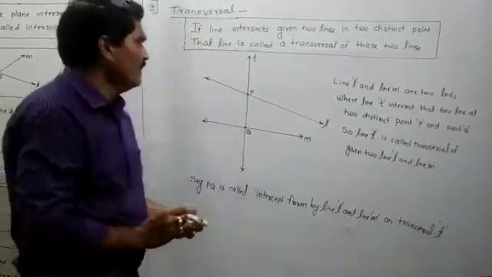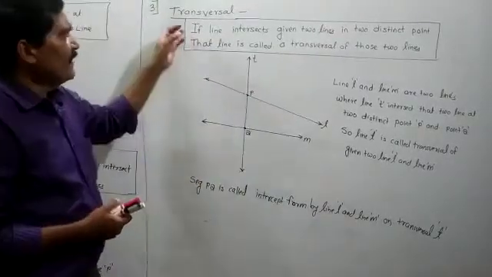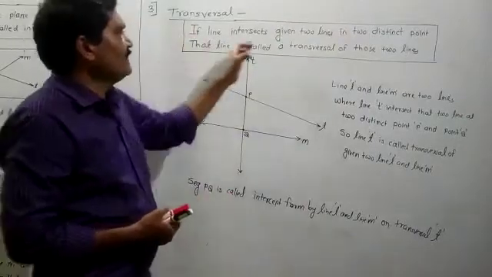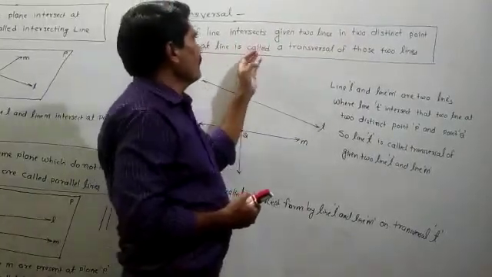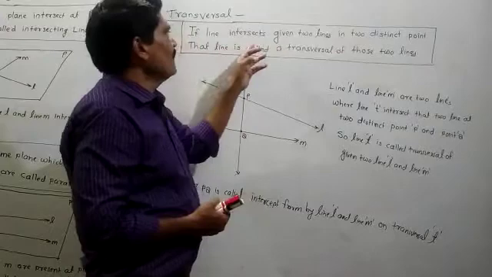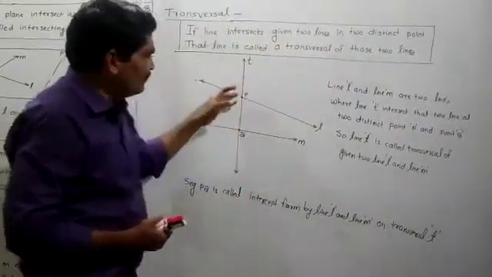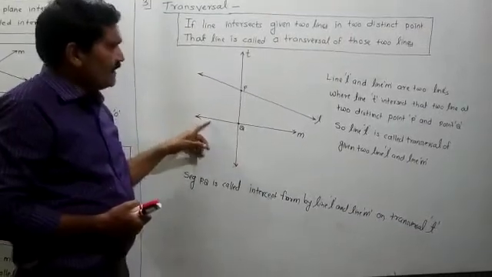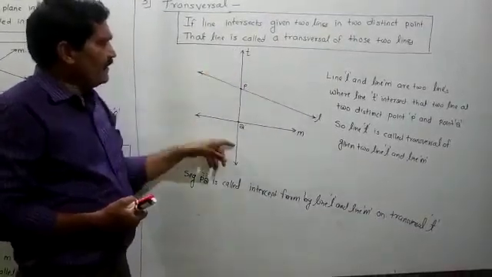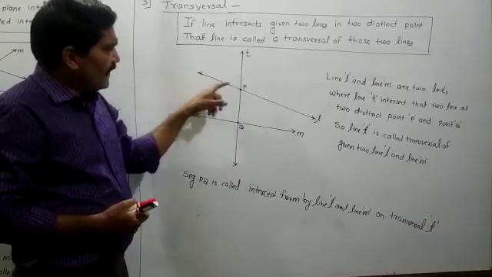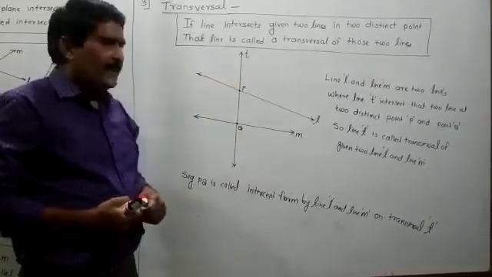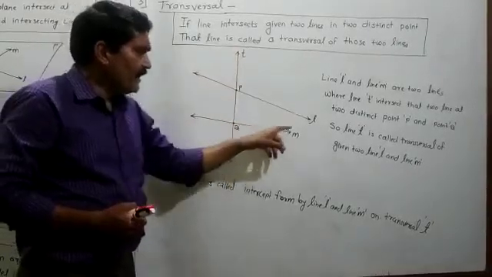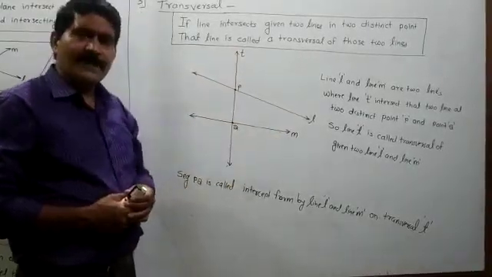In the same way, if a line intersects the given two lines in two distinct points, that line is called a transversal of those two lines. If this is one line, this is another line, and this is the third line that intersects the given two lines at two distinct points P and Q, at that time this line T is called the transversal of line L and line M. Everybody understand?